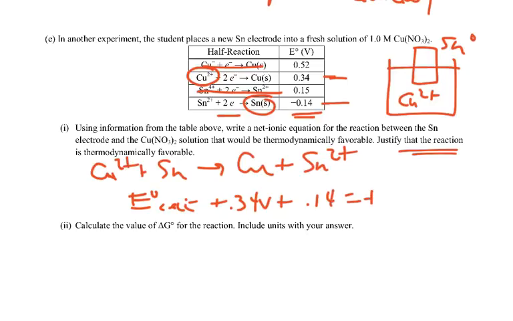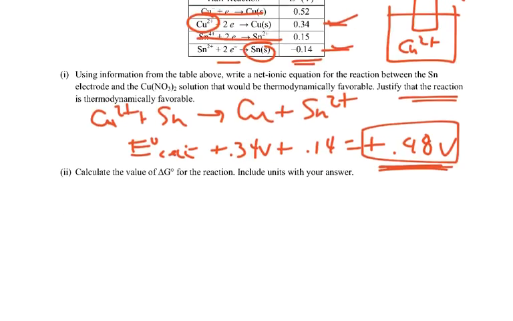So I'm going to get a positive voltage of 0.48 volts. A positive voltage is a thermodynamically favorable cell. So I can just say that since it's a positive voltage, it's going to be thermodynamically favorable, and that'd be great. I could also discuss the fact that this is more likely to go forward and this will go backward.